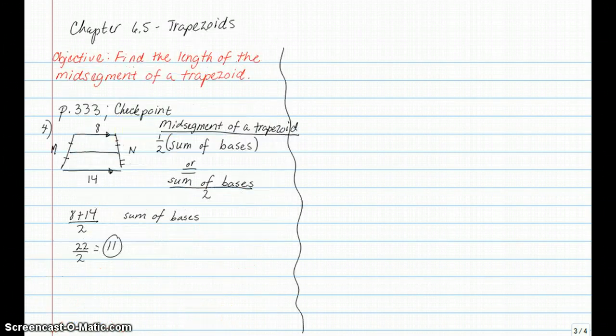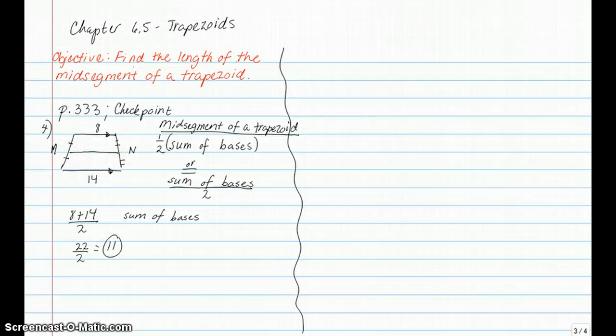Our second objective in Chapter 6.5 trapezoids is to find the length of the mid-segment of a trapezoid. We're going to look at page 333 again, the checkpoint activities, and it will say find the length of the mid-segment of the trapezoid, in this case MN, because that is the mid-segment.